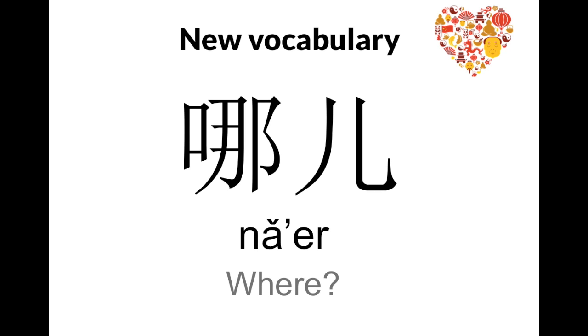So if na meant that and nar meant there, then can you guess what nar means? Because na means which, a question. So nar means where, also a question. So once again, this is short for li, which is what makes it into a location word instead. So nar, third tone, where.